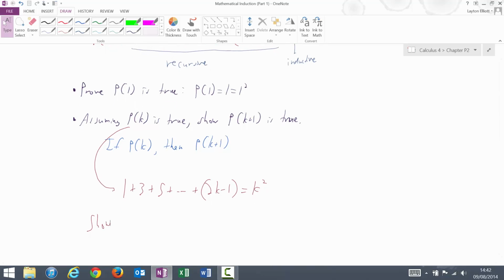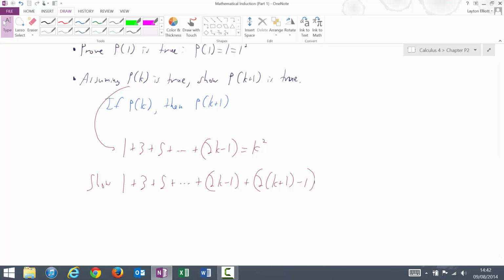we now need to show that P of k plus 1 is true. That means we need to show that 1 plus 3 plus 5 plus 2 times k minus 1 plus 2 times k plus 1 minus 1 is equal to k plus 1 quantity squared. I can take this left side and substitute this with k squared, because I know that from the previous step.